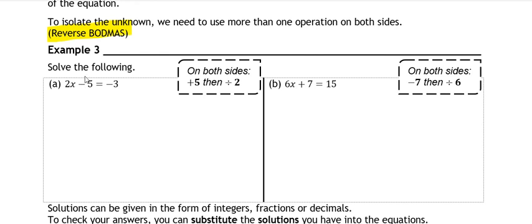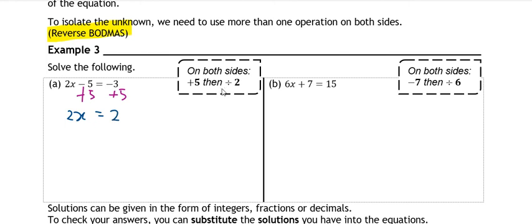But when you are isolating the unknown, you have to do the reverse. So you start with plus 5. On the left side, you are left with 2x because negative 5 plus 5 is 0. On the right side, negative 3 plus 5 will give you 2.